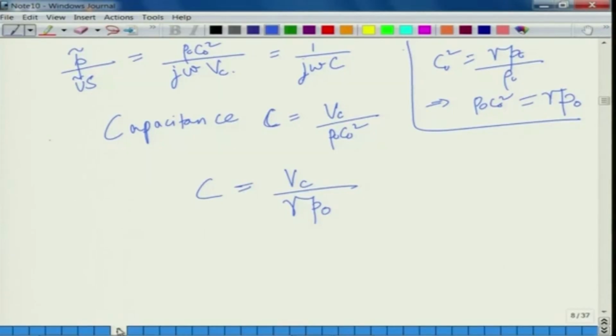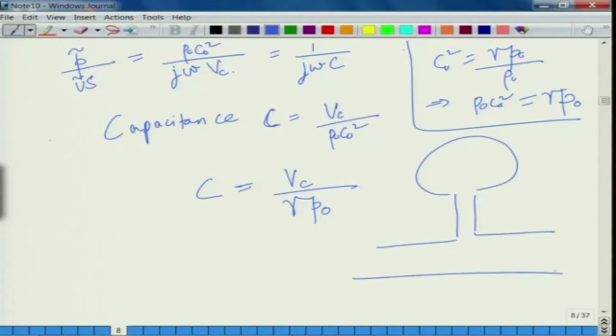So, typically when we have such a system, although we will do the Helmholtz resonator in greater detail as we go, it is like a mushroom kind of a thing that I am making. Here you have something like an irregular mass, and to it a neck of length L is attached, whose cross-section area is S. This can be really any arbitrary mass, all we care about is the volume V c, which should be much larger than the volume of this neck, and at low frequencies, of course, it has a lumped analysis as we saw now.